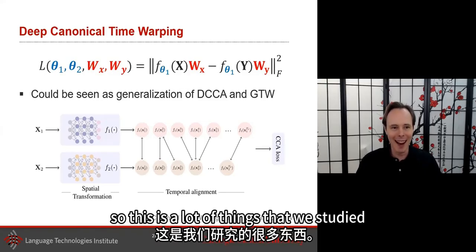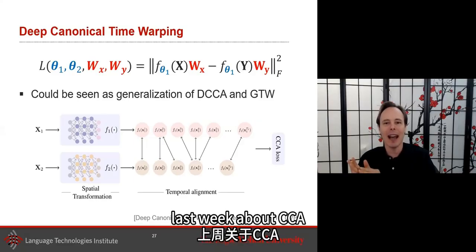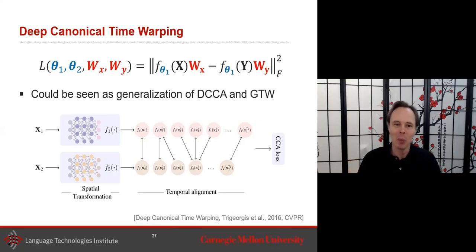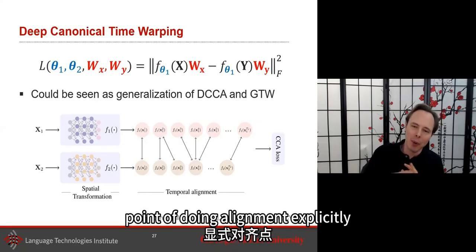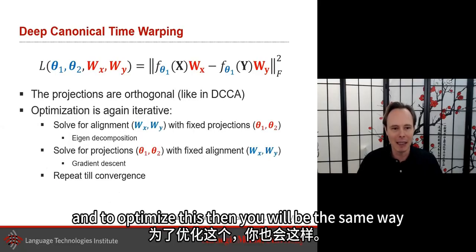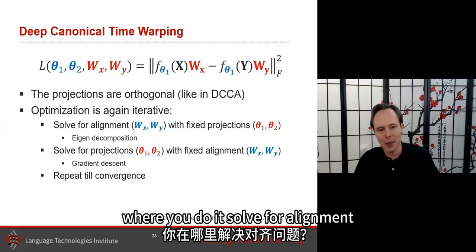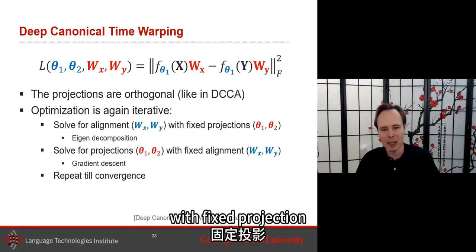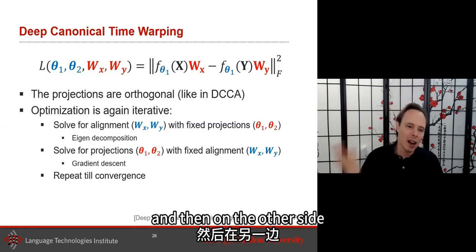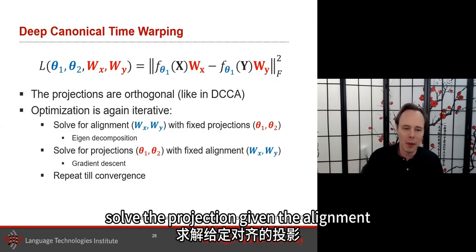This is a lot of things that we studied and talked about last week about CCA, but now merged with this point of doing alignment explicitly. To optimize this, you do it the same way that you optimize the non-deep version, where you solve for alignment with fixed projection, and then on the other side, solve the projection given the alignment.